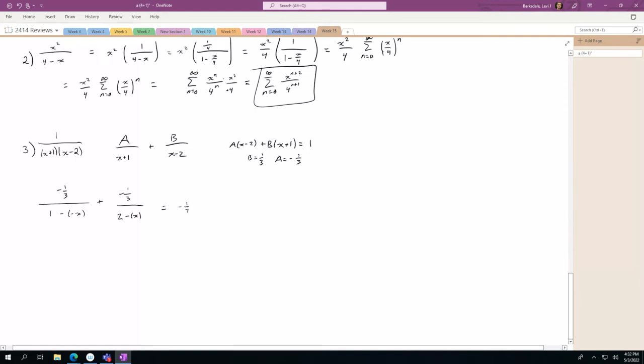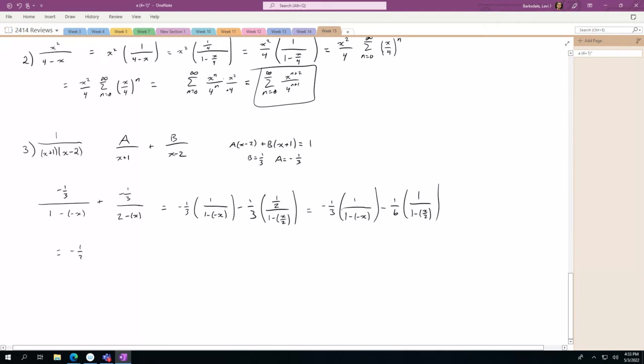Well, I can write this as negative 1/3 times 1 over 1 minus negative x, minus 1/3 times 1/2 over 1 minus x over 2, if I multiply everything on this side by 1/2 over 1/2. Now continuing onward, that's negative 1/3 times 1 over 1 minus negative x, minus 1/6 times 1 over 1 minus x over 2.